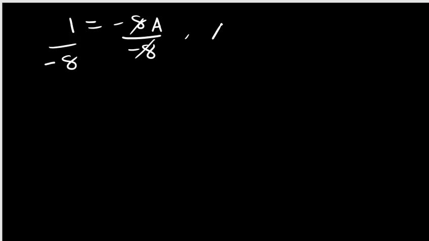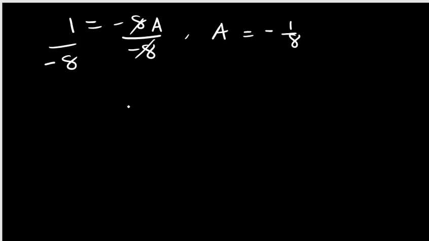So we'll be having 1 being equal to minus 8a. We are solving for a, so we divide both sides by negative 8. This will cancel. And we are going to have a being equal to negative 1 over 8.